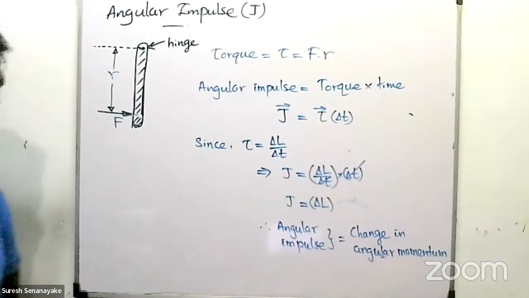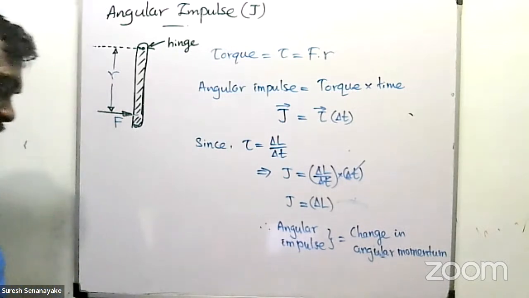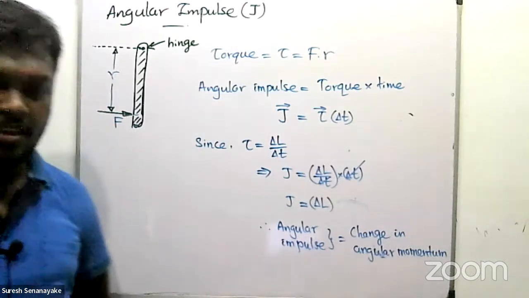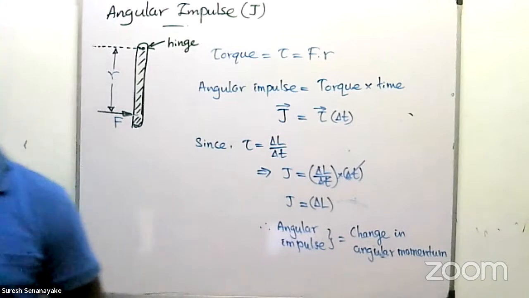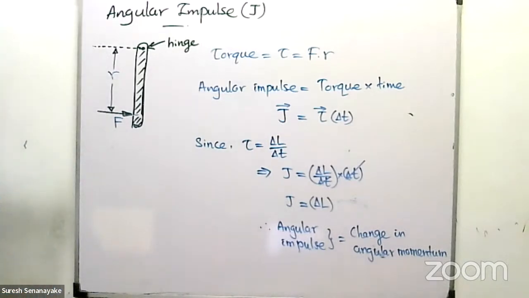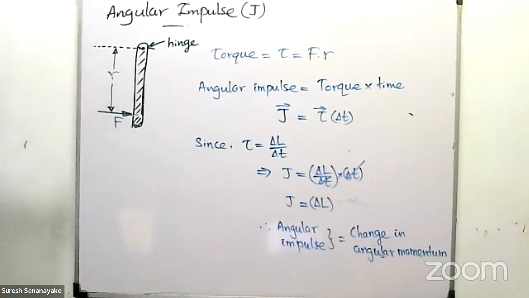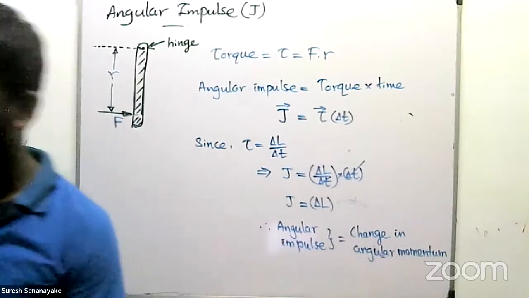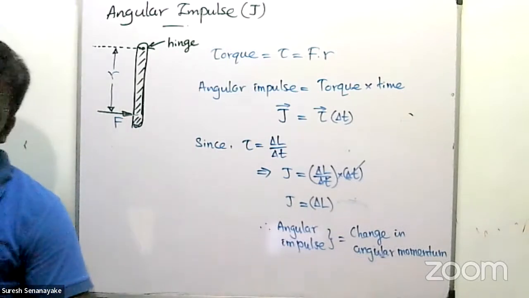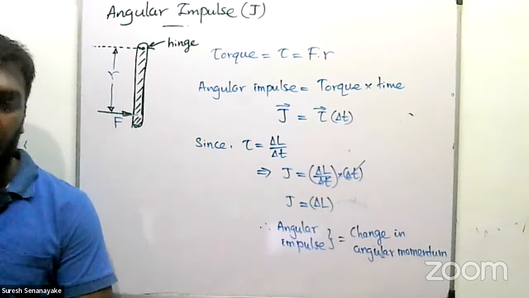Similar to translational motion, where impulse equals the change in linear momentum. So when you apply a torque, you can change the angular momentum.